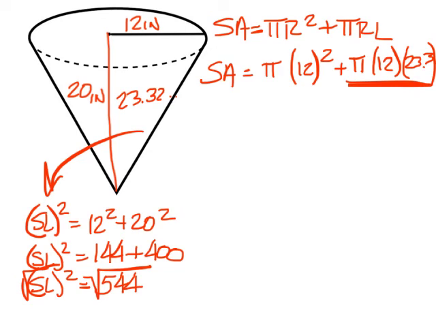You're going to multiply that by 12 and then multiply it by pi. Leave that in your calculator and hit plus, left-hand parenthesis. 12 squared is 144, and then times pi, right-hand parenthesis, equals a surface area of 1,331.68 inches squared.